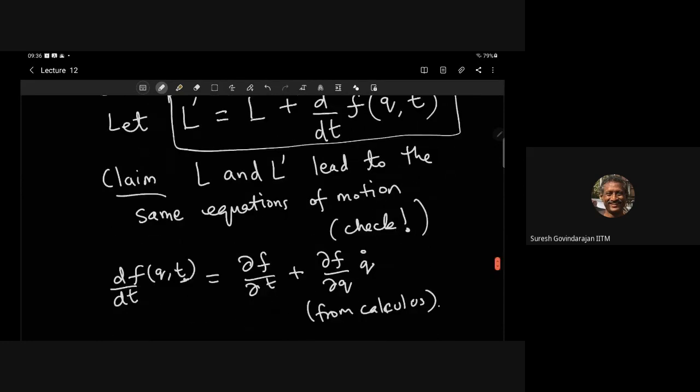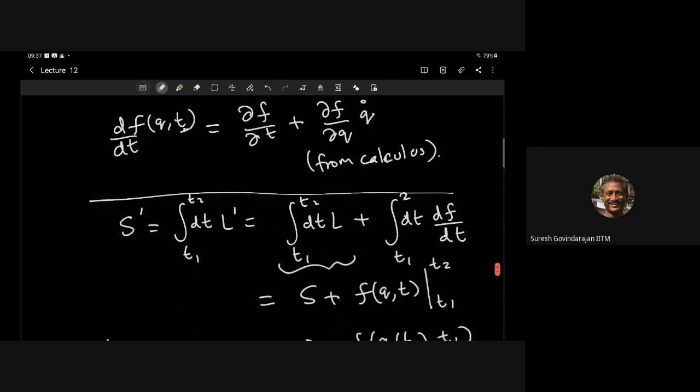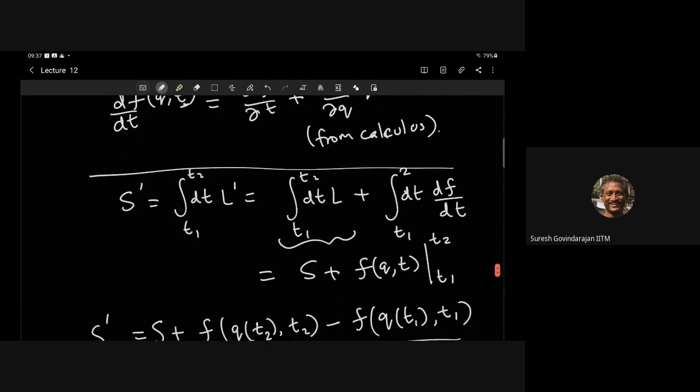Because there will be a second term, which we do not know. In the initial value problem, in the Lagrangian problem, we don't know q dot, right? We only know q at t1 and q at t2.